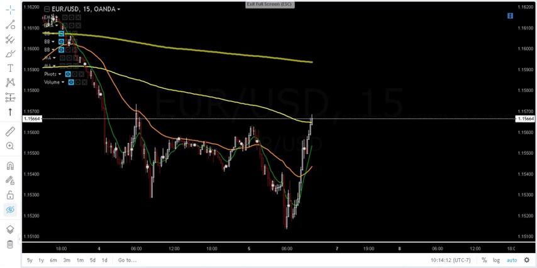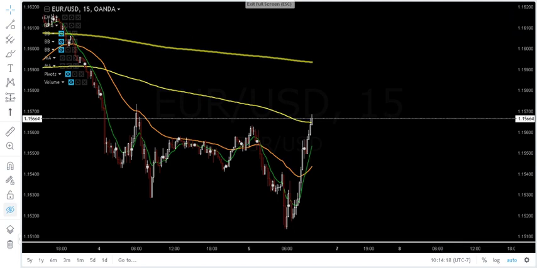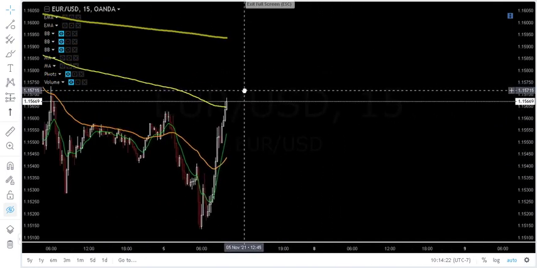On a short pullback, on this hour chart, on this 30-minute chart.